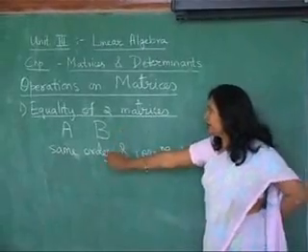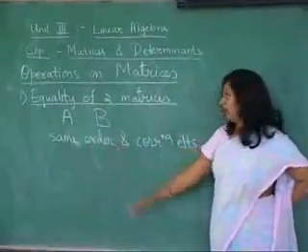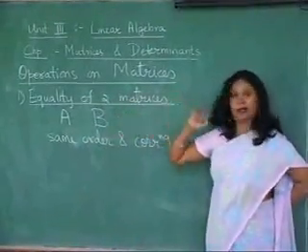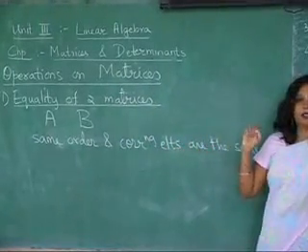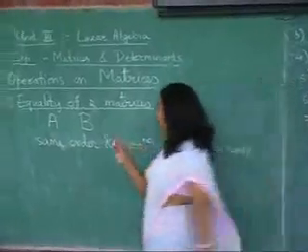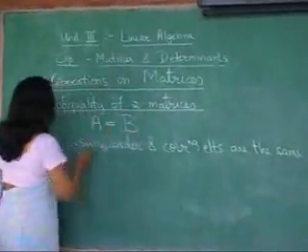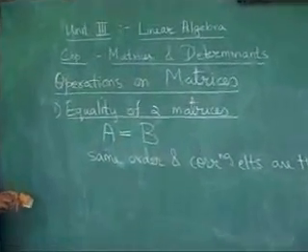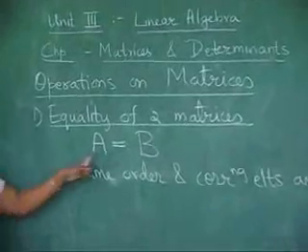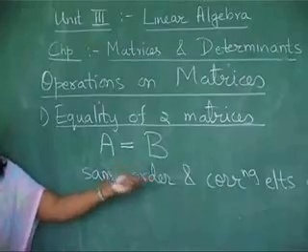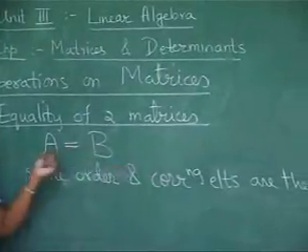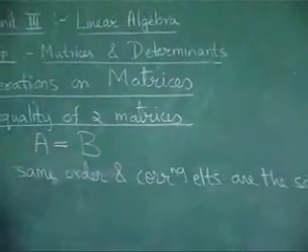First condition is the two matrices must have the same order, that means same number of rows, same number of columns, and the corresponding elements in the two matrices must be the same. We then write A equal to B. So for two matrices to be equal, first ensure that they have the same order, and then the corresponding elements of the two matrices should be the same.